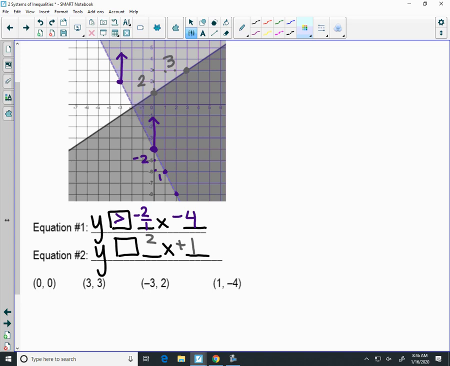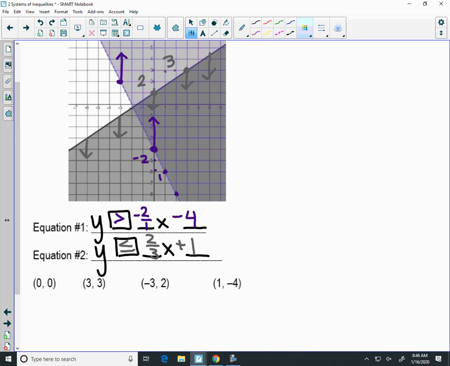So that slope is 2/3. And then this one is shaded below, and there's a solid line. So we're going to do less than or equal to. The shading's down here, and it's a solid line.